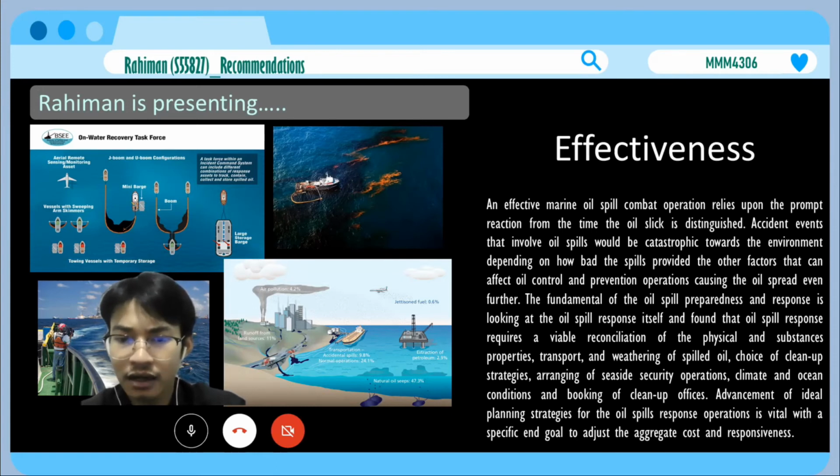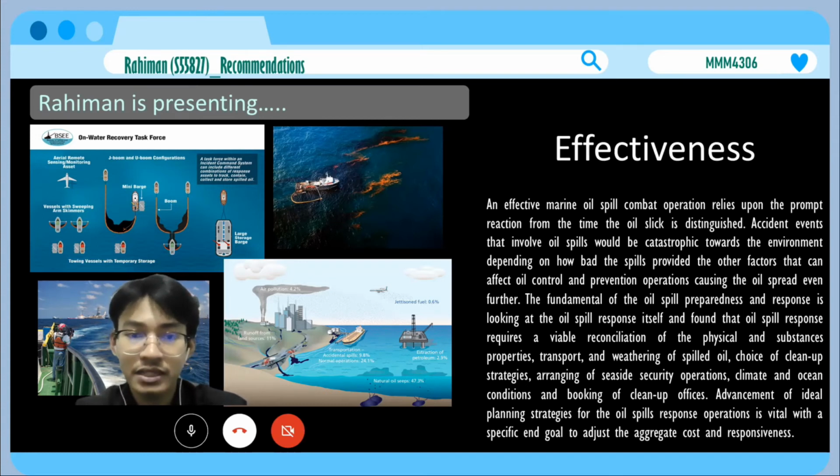Advancement of ideal planning strategies for the oil spill response operation is vital with a specific end goal to adjust the aggregate cost of responsiveness. This is how effectiveness is preparedness for preventing the oil spill from happening.